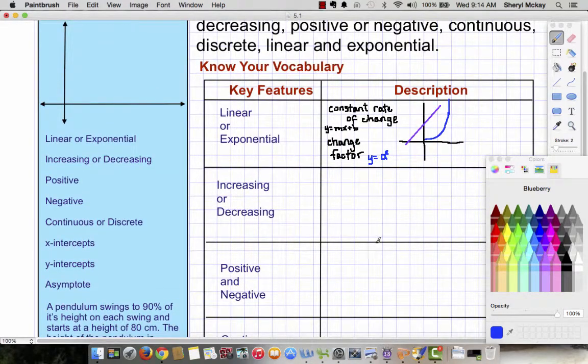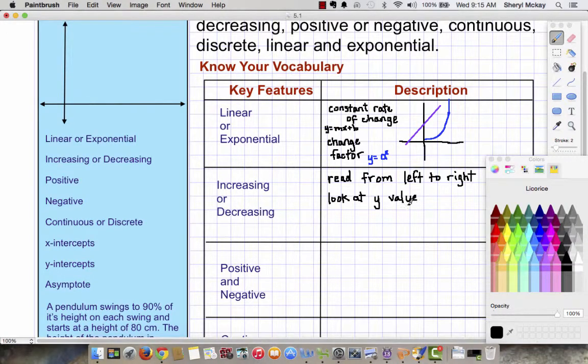All right. Increasing or decreasing. Now, the main idea with this is that you want to read a graph the same way that you read a book, from left to right. The other thing that's important is that you want to look at the y values. So let me give you an example.